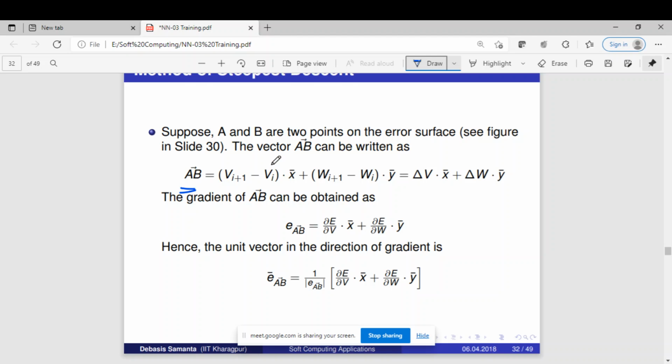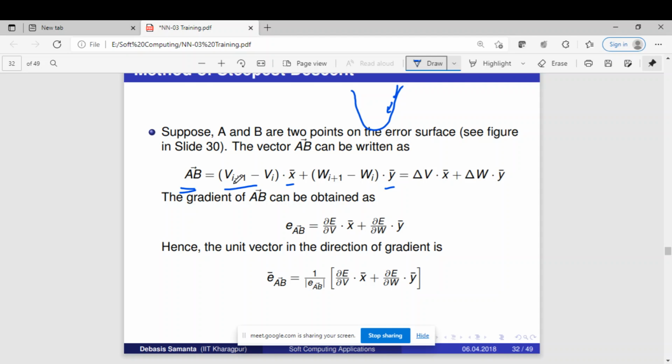And this vector contains two things. In the previous diagram, it is moving from one point to another, meaning there is a change in the x coordinate and also a change in the y coordinate.